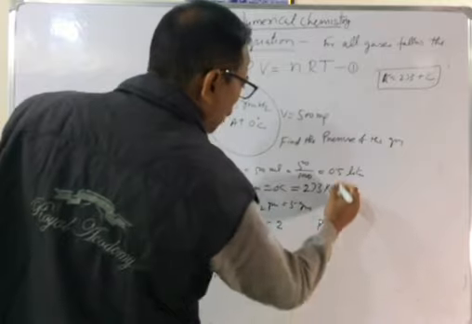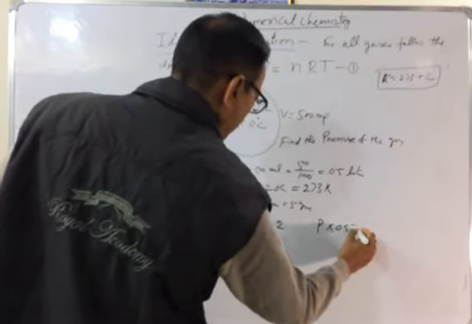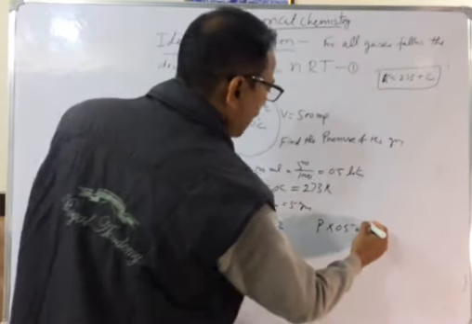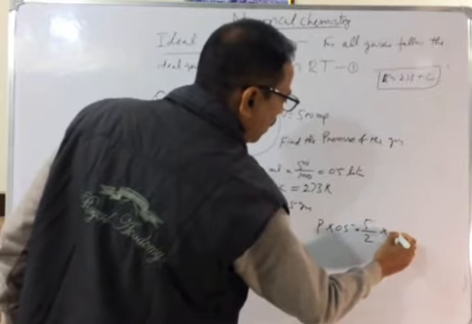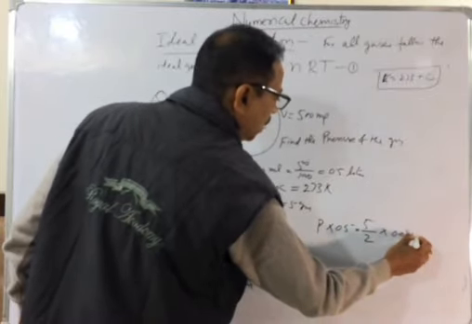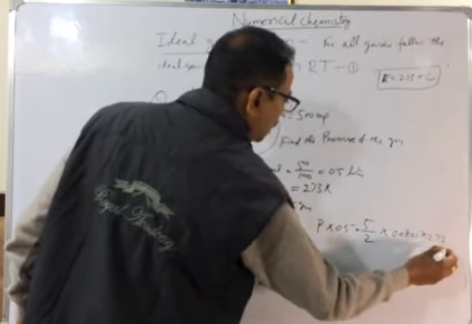Let pressure is P, volume is 0.5, weight is 5 gram, molecular weight 2, value of R is 0.0821, and temperature 273.